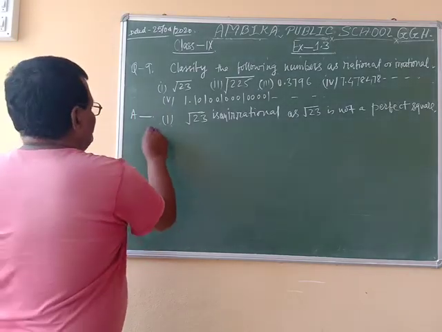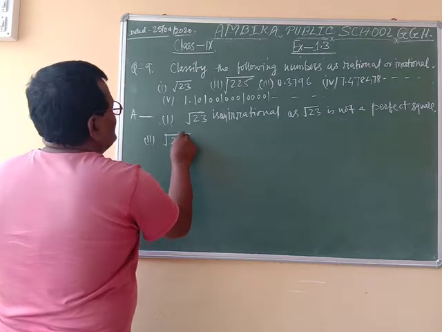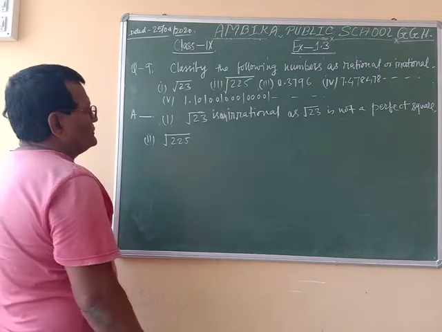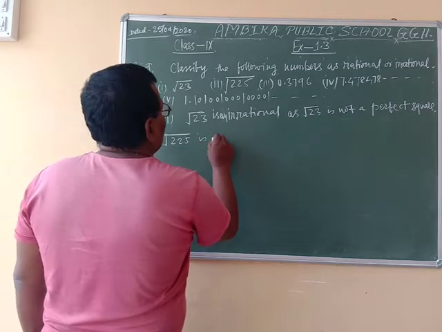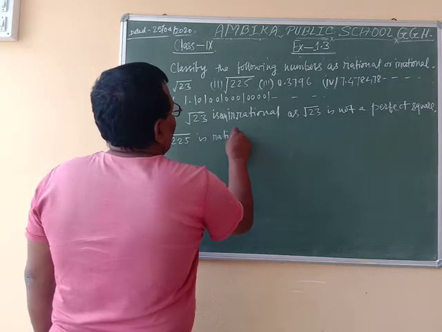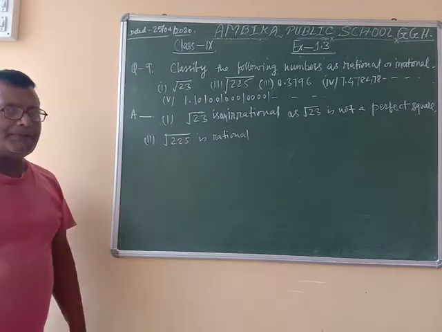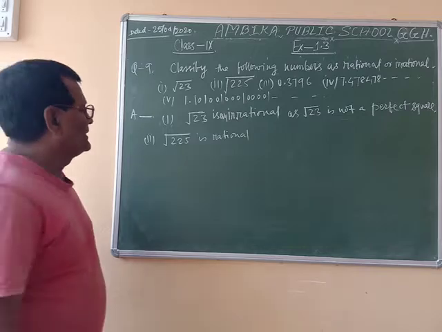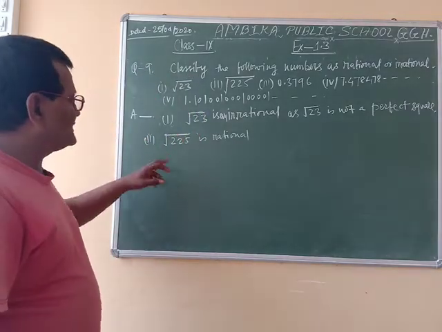Question number 2, root 225. Root 225 is a rational number because 225 is a perfect square. Its square root is 15.